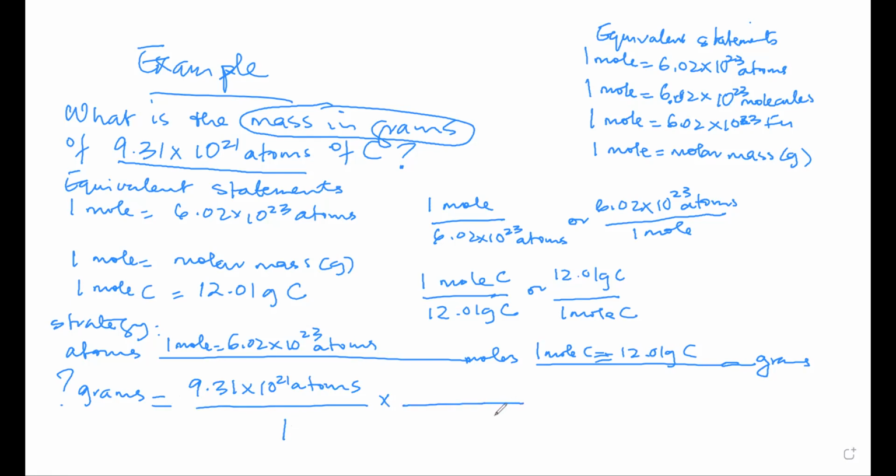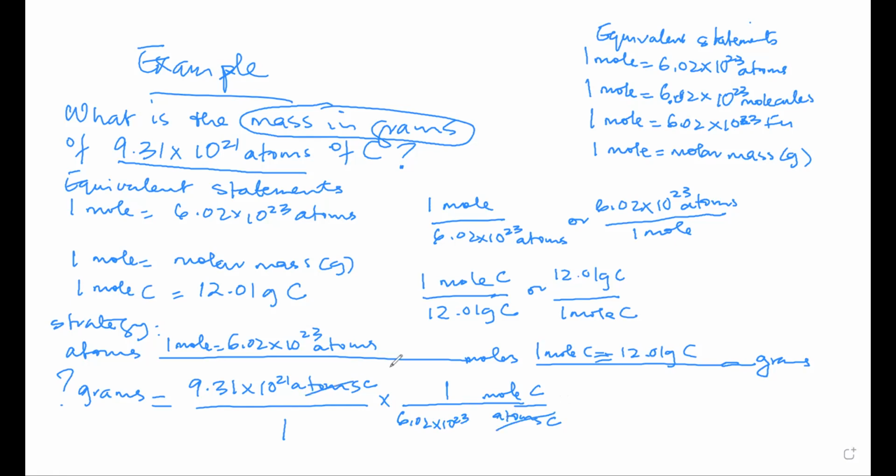We go from atoms to moles. So this will be atoms of carbon over mole. So 1 mole, we are using which one? 1 mole, then 6.02 times 10 to 23 atoms of carbon.